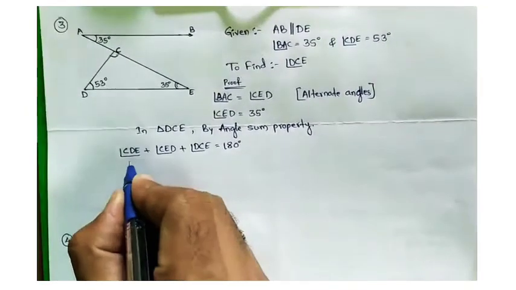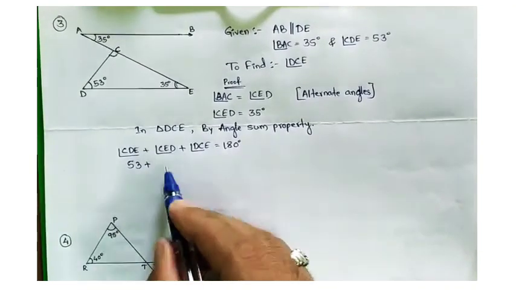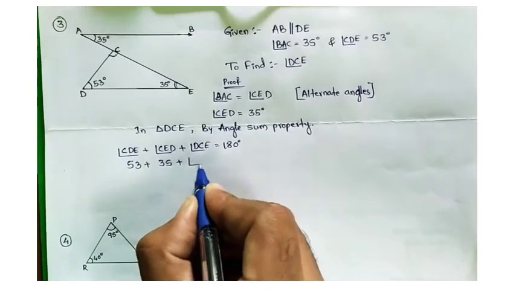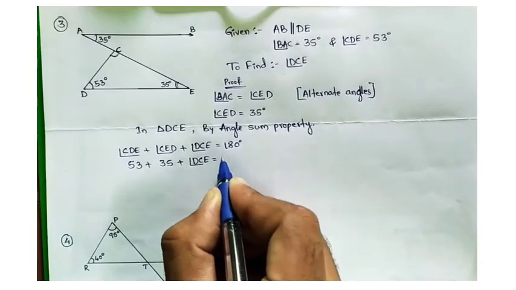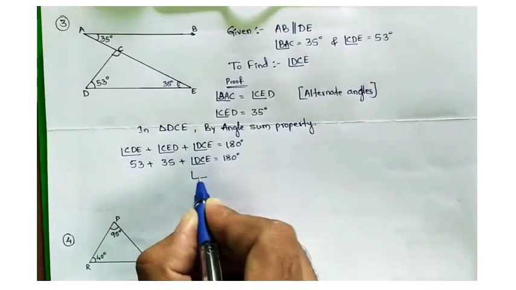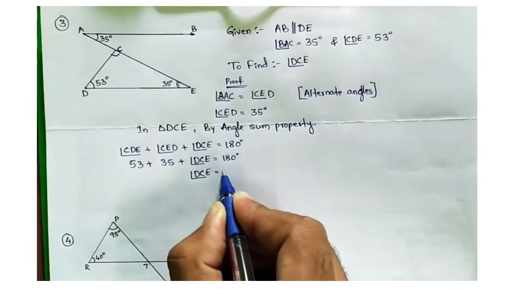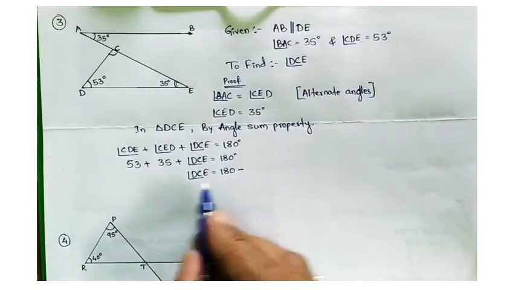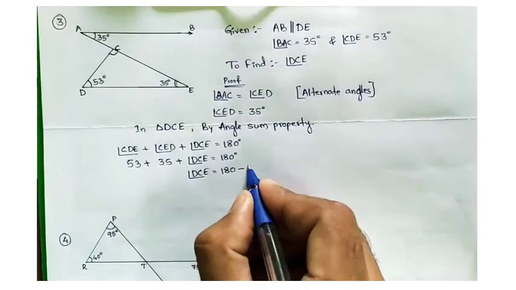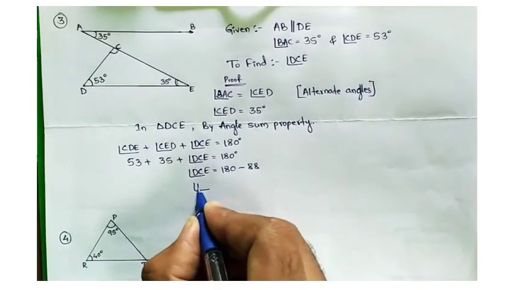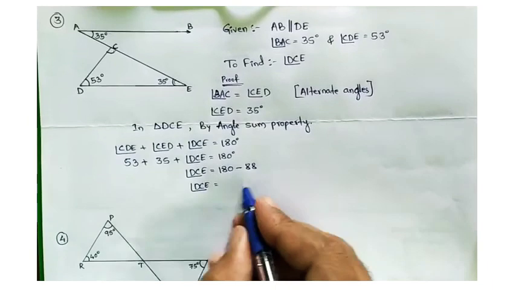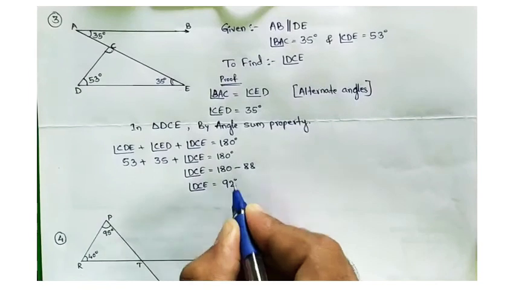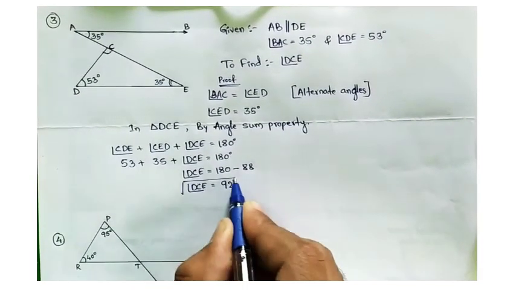CDE how much? 53 plus what we just found, CED, that is 35, plus we don't know DCE, we have to find that one, equal to 180. So DCE equal to 180 minus, so if you add these two and take to the right side, it becomes minus. Add them, 88. So DCE equal to how much will you get here? That will be 92 degrees. So this is our answer.